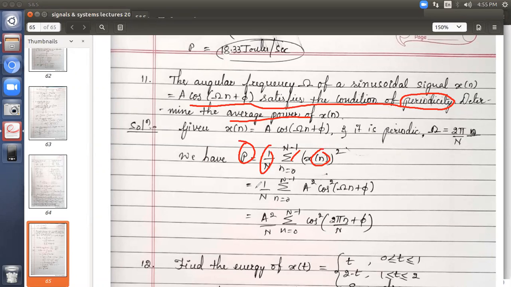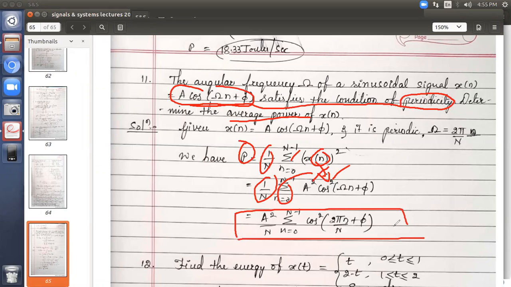What is the signal? The signal is already given to you. A cos, so A square cos square. Cos square is 1 plus cos 2 theta over 2. Substitute and put it. It's only this much. You can further solve it by applying 1 plus cos 2 theta. Okay, that much.